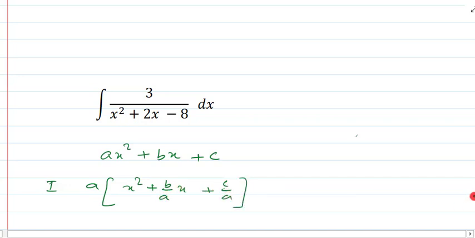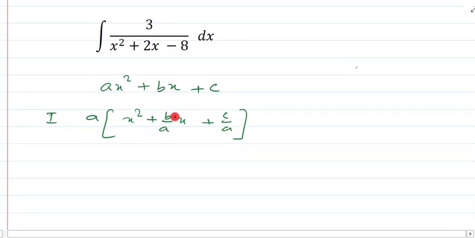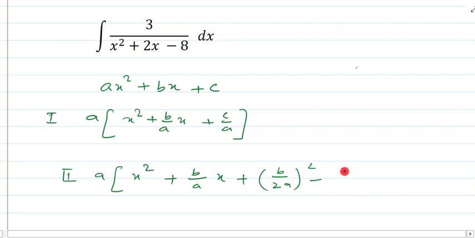What is the second step, if you remember? To add and subtract the square of half of the coefficient of x, and that will be b upon 2a whole square. So the second step is x square plus b upon a x plus b upon 2a whole square minus b upon 2a whole square plus c upon a, which was already present. Now what will happen?